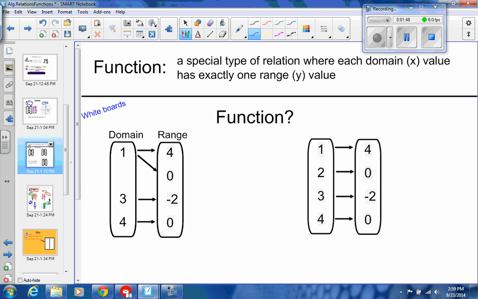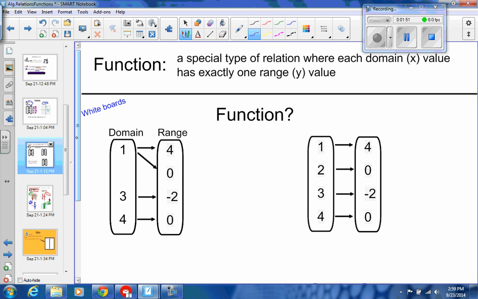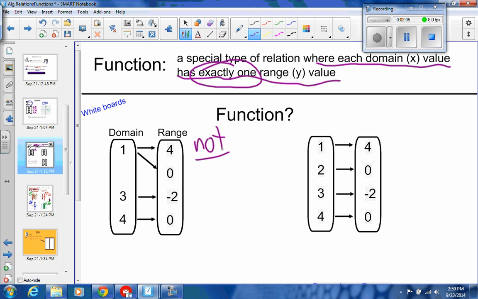You can look at, first of all, a mapping diagram, and you can see that for a function, remember, every domain value has exactly one range value. So the first one is actually not a function, because this domain value here has more than one range value that goes along with it.